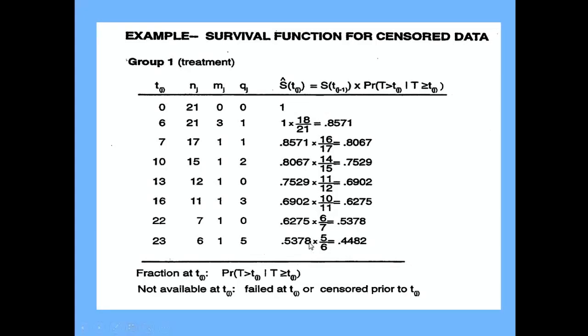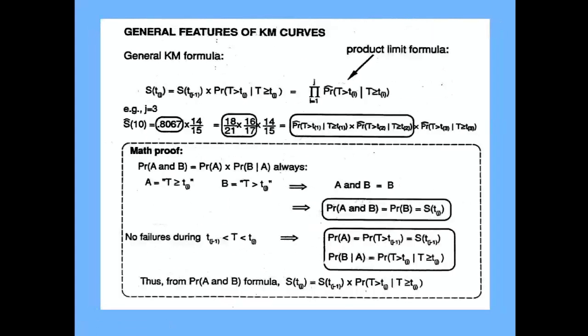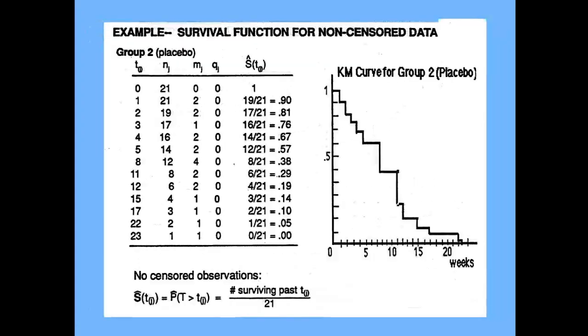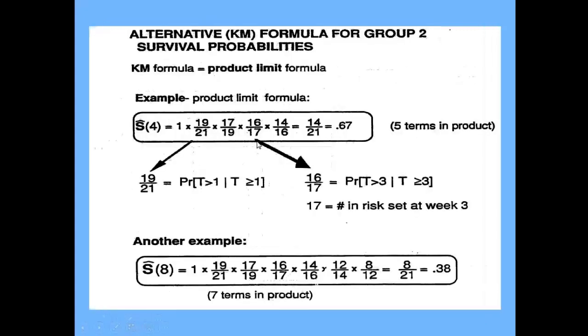So I can actually get the number for S at the 4th time, looking at the right group here, survival at 4, which is 0.67, which is 14 over 21. I can also get that by 19 over 21, 17 over 19, 16 over 17. When you think about what happens, the 19s cancel out, the 17s cancel out, and there you go, 14 over 21.